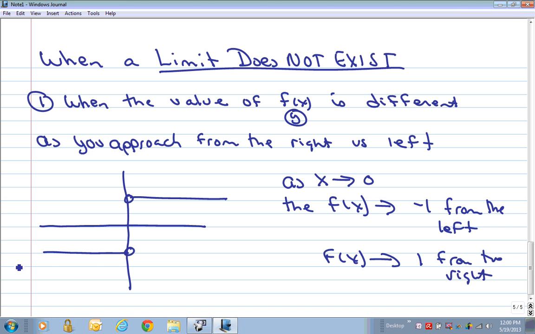So in other words, if I'm moving from the left side of this graph, as I get closer to 0, my y value gets closer to -1. As I'm approaching from the right, as I get closer to 0, my y value gets closer to +1. So in this particular case, no limit exists.